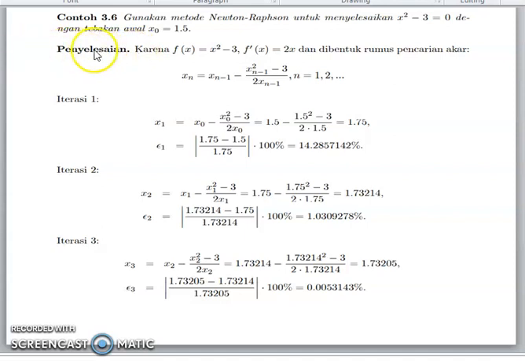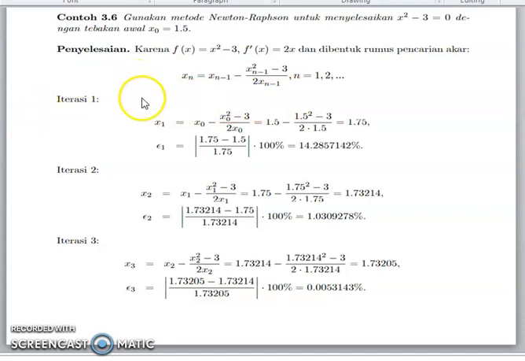Okay, to solve this example, f(x) equals x squared minus 3, the first derivative f'(x) equals 2x, and the formula for finding the root is from this. With this formula, we will do the iteration one by one.